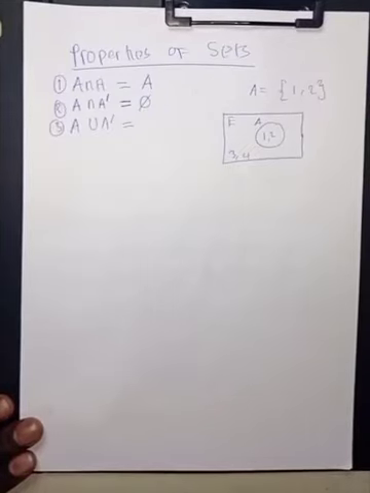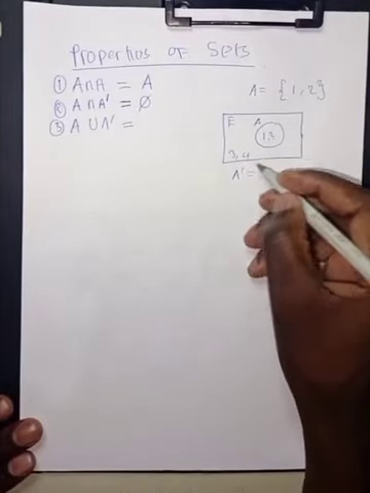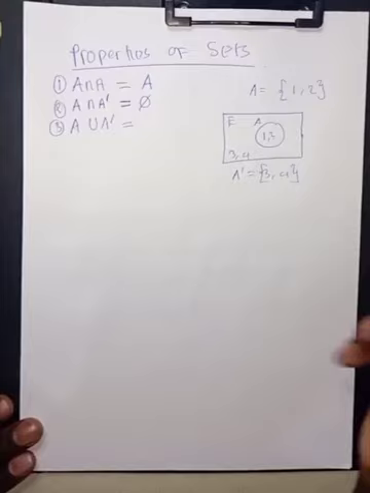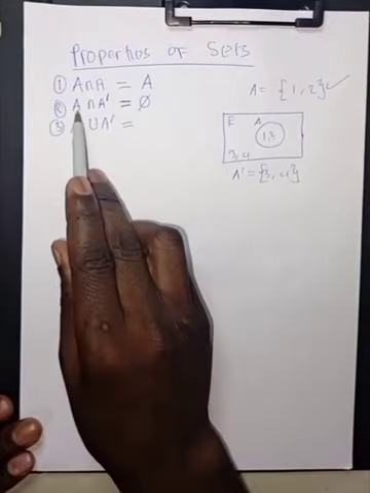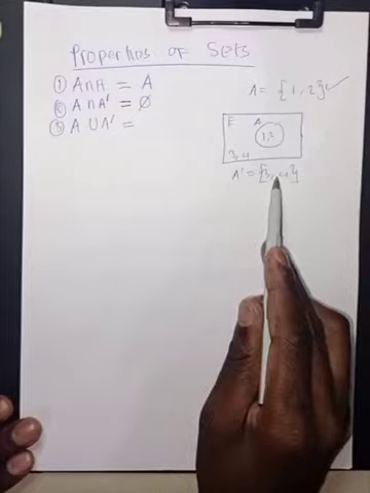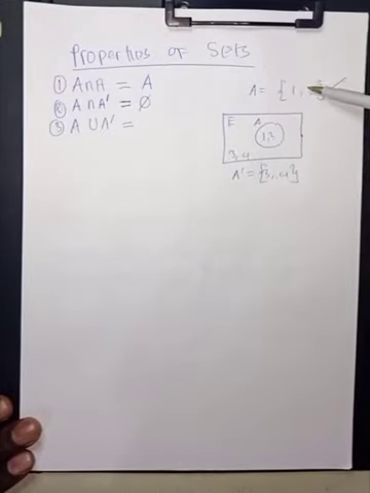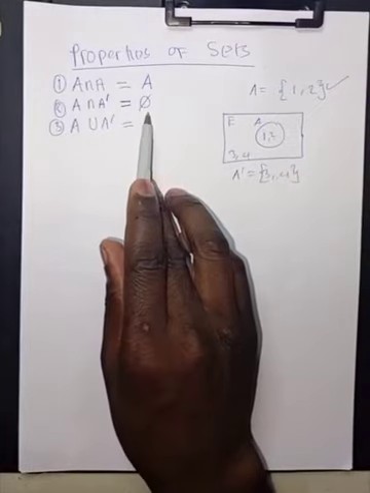A complement is elements outside A, which is 3 and 4. Set A is what we have here. In the first case, A intersection A complement, do you have an element in A and also in A complement? We don't have any, so that's why it was empty set.